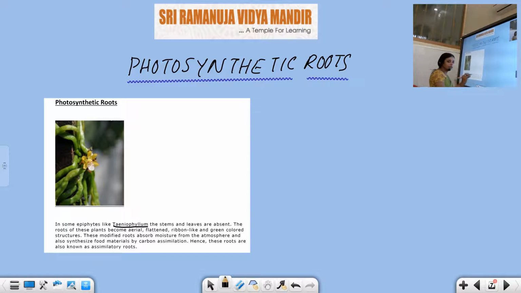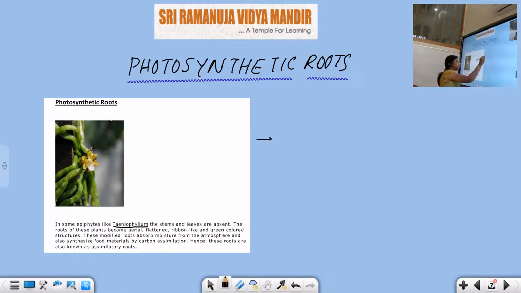So roots come out of the ground level, become aerial, branched and ribbon-like structures. They are green in color, that means they have chlorophyll, and when they absorb atmospheric moisture, they synthesize food material and assimilate carbon. So this is called assimilatory roots also.